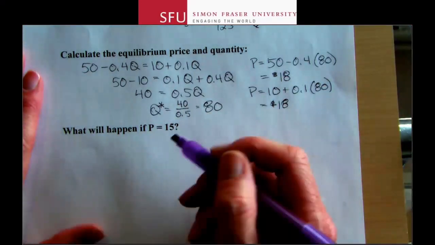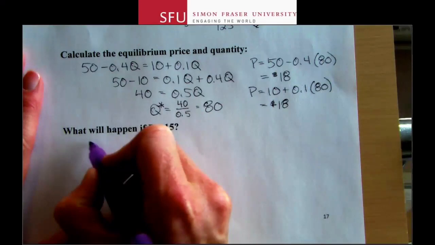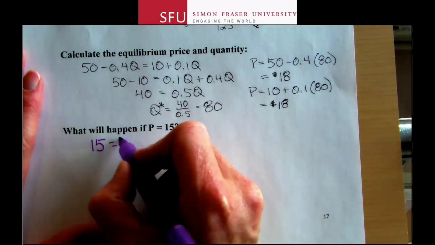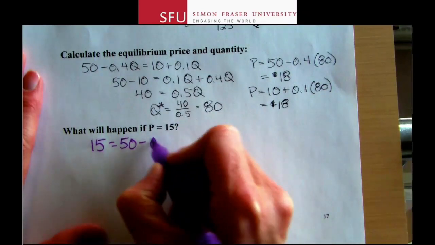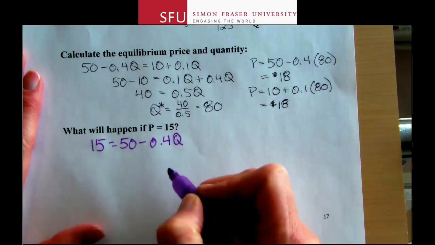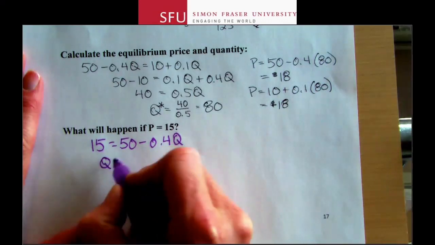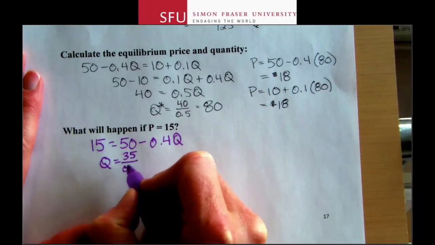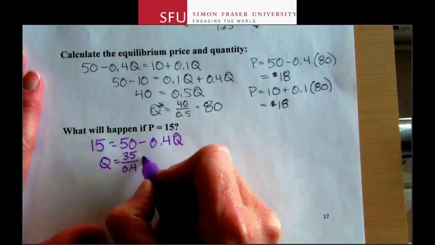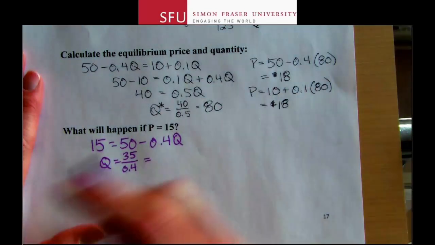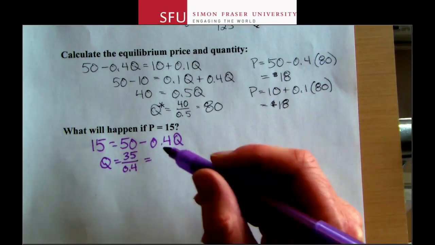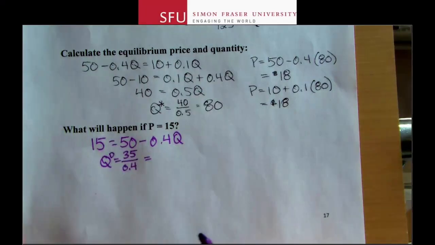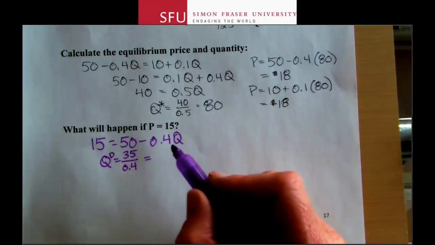Okay, so the price is 15. So we'll start with demand. So put 15 in for the price. 15 equals 50 minus 0.4 Q. And I'm going to add a little d, just to say that we're calculating the quantity demanded.